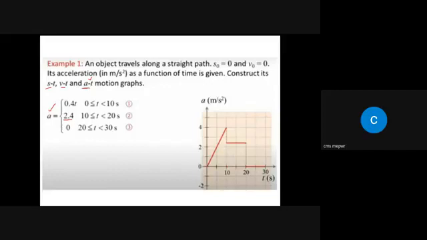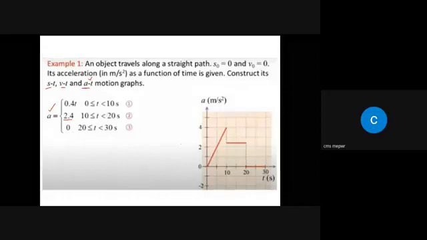Then from 20 to 30 seconds, the acceleration will become 0, so that's why it's shown like this.